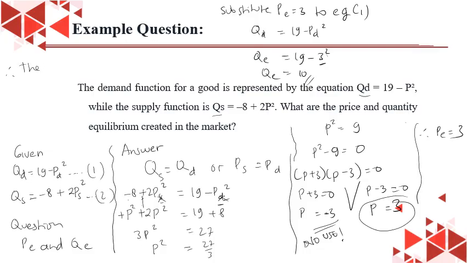So I'll put the conclusion here. The market equilibrium occurs when P is 3, when the price is 3. Well, I erase this.